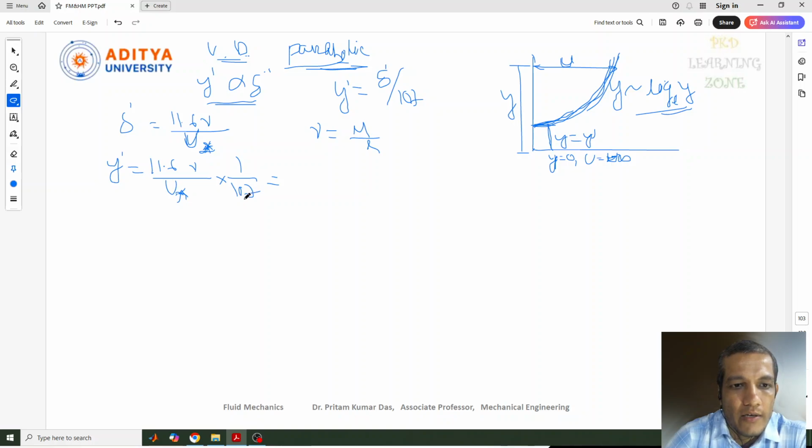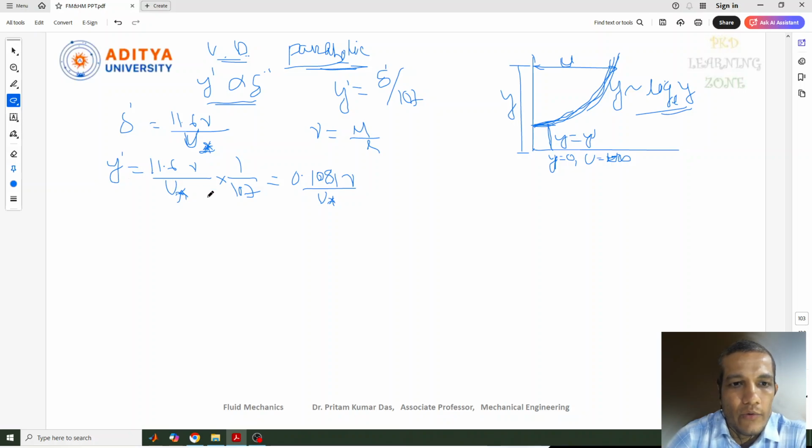So you can write y dash equal to 0.108 nu divided by u star. Okay, this is the equation of y dash.